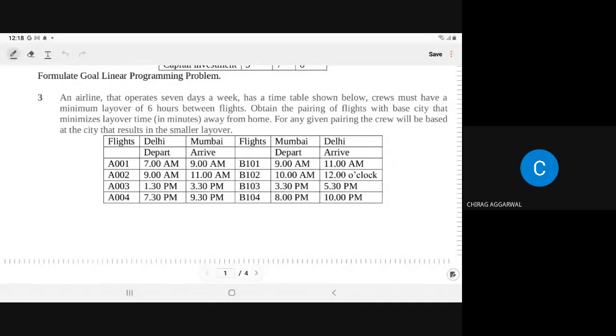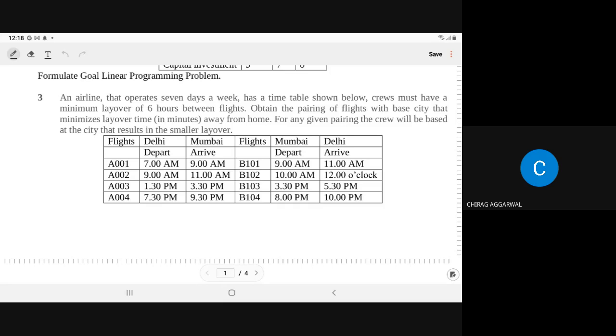So here we have the flight numbers A001, A002, A003, A004. Delhi departure time is 7 a.m. and Mumbai arrival time is 9 a.m. And flight number B101, Mumbai departure is 9 a.m. and Delhi arrival is 11 a.m. So the crew member who goes from Delhi to Mumbai has to come back from Mumbai to Delhi also, and you want the minimum layover time, the minimum rest time of these crew members.